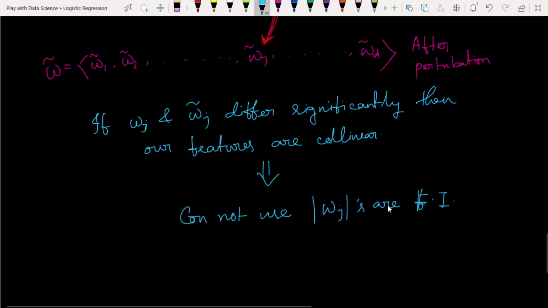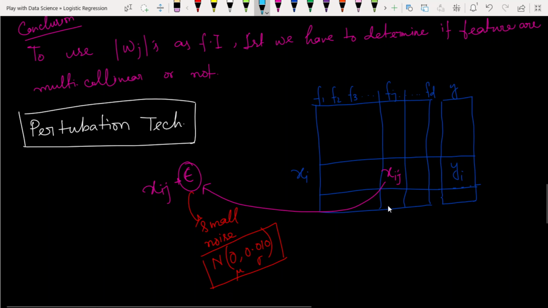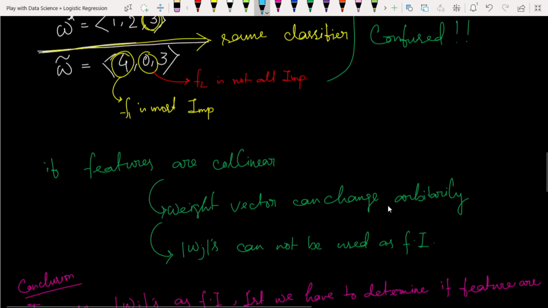Okay, so I think the perturbation technique is clear to all of you.